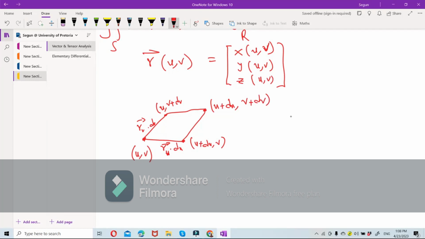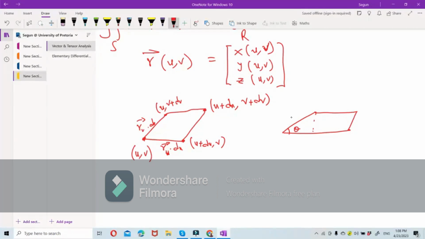So what I am trying to say is, I am looking at this as a parallelogram. What is the area of the parallelogram? Say this angle is theta, and the sides are small a and small b. Our area will be ab sine theta from our knowledge.